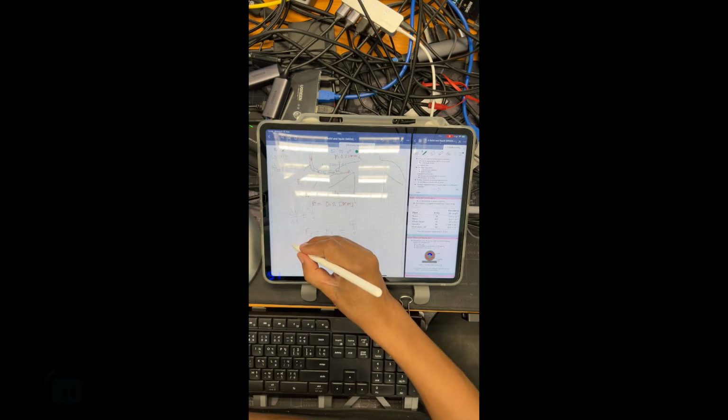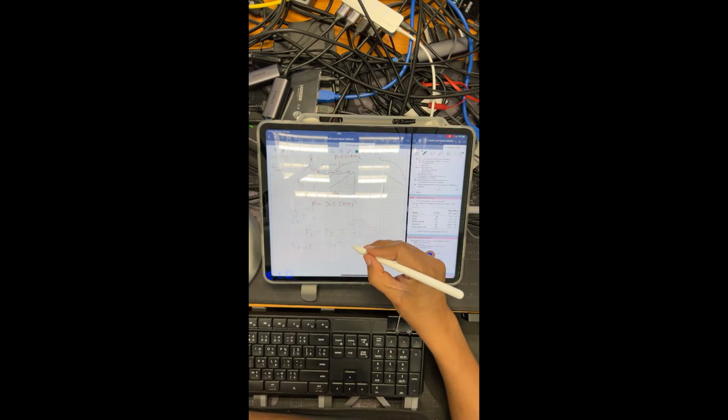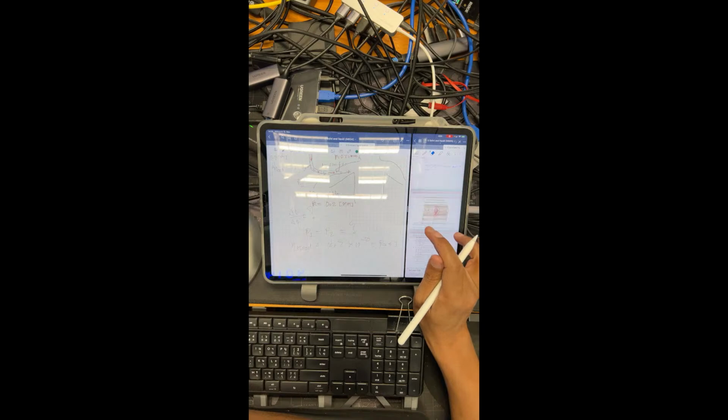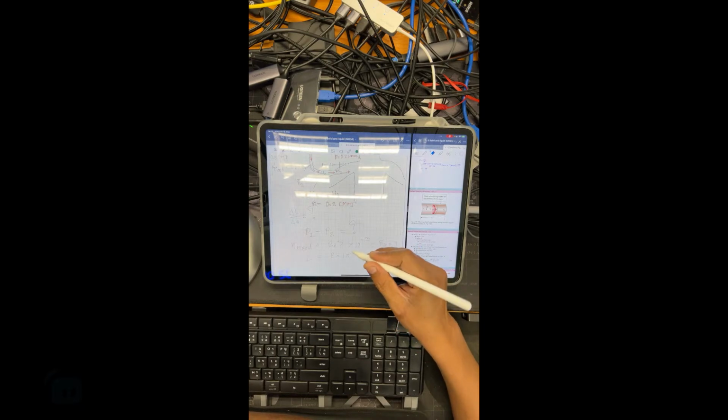So the viscosity of the blood is 2.7 times 10 to the negative 3 Pascal second, and yes, that's eta. In the Poiseuille formula we also need the length. L is the length, which is 2 centimeters or 2 times 10 to the negative 2 meter, that's the length in SI units.